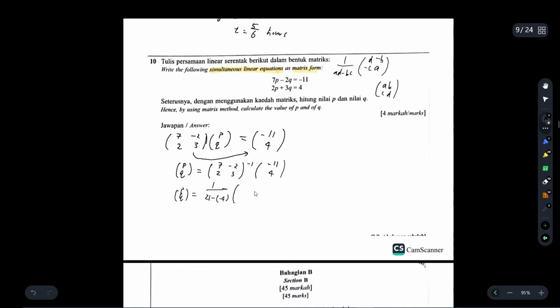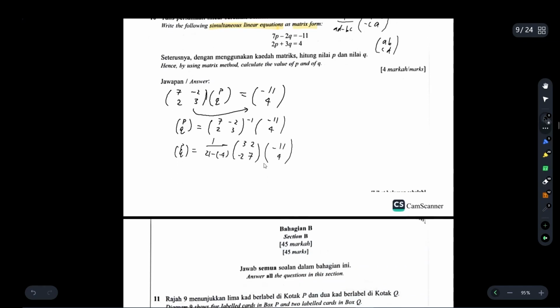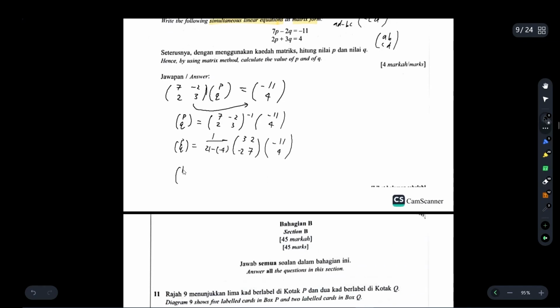Now 搬家换姓: 3, 7, and then negative, positive, and negative 2. Right now we have 21 minus negative 4, that gives us plus, because negative, negative is positive. So that gives us 25, because 21 plus 4 is 25.